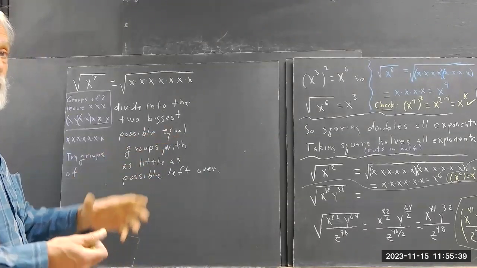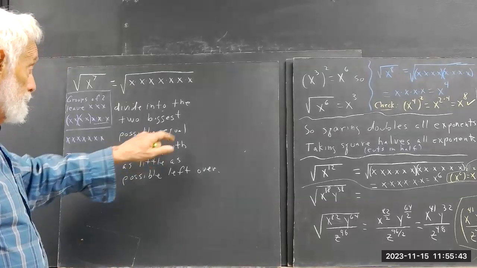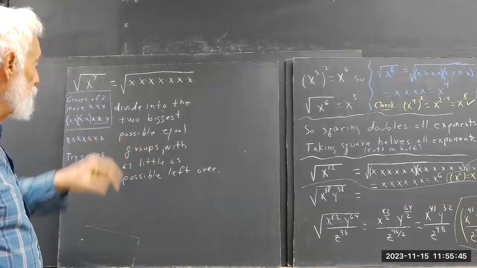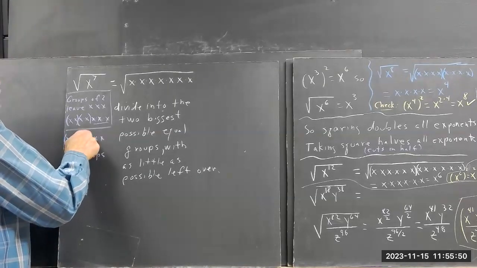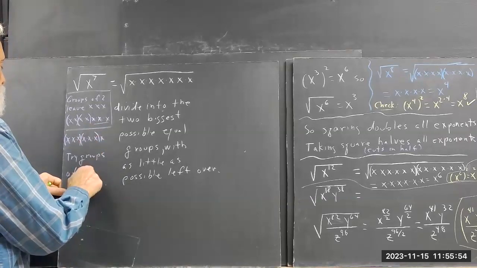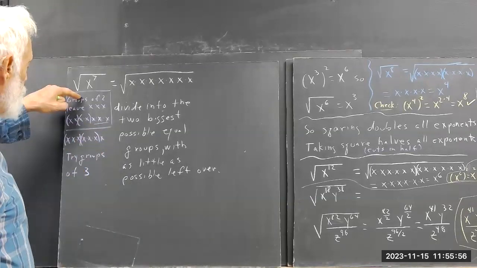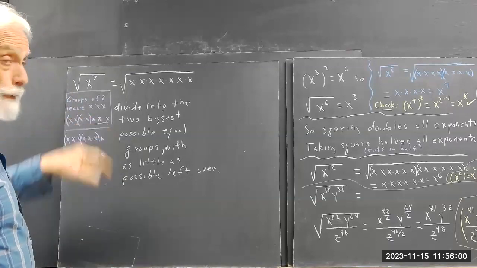They match each other, they have the same number of x's. So as soon as we got what equal groups means clarified, we immediately got this. Because we tried groups of 3. If groups of 2 doesn't work, we're going to try groups of 3, assuming there's still something left over.